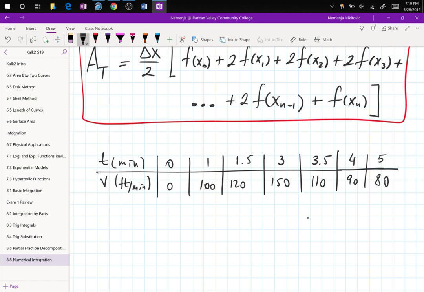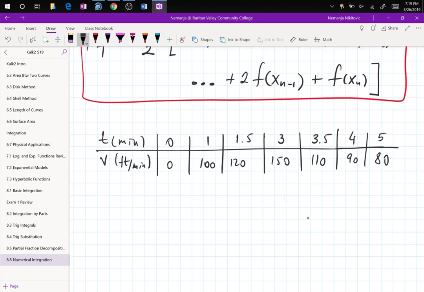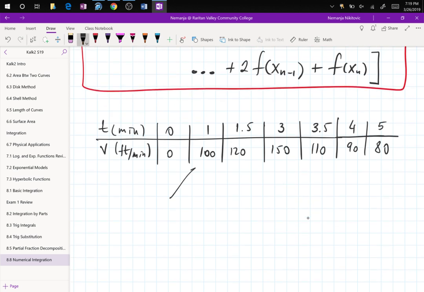Now, note that the increments here: from 0 to 1 is 1, from 1 to 1.5 is 0.5, and from 1.5 to 3 and so on. This would be the height of your function, and this would be the x value.